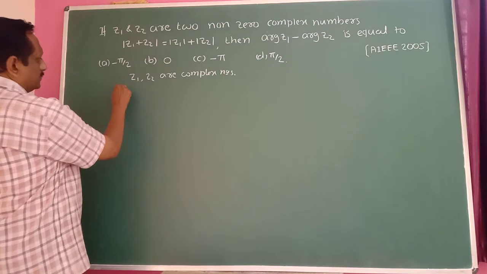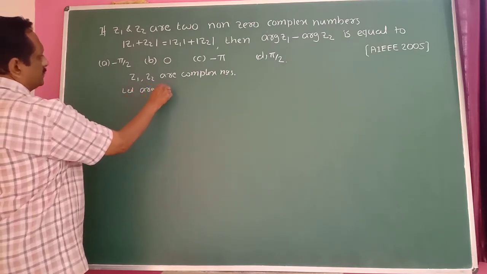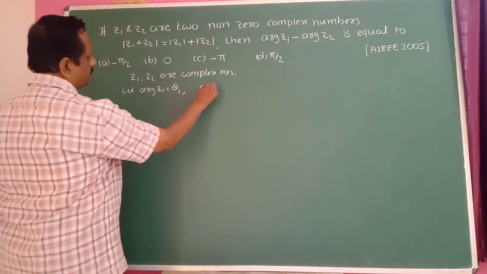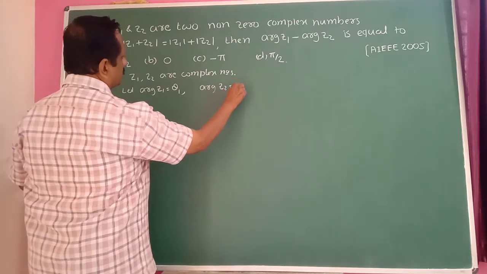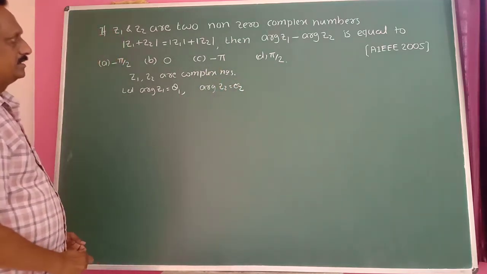So let us consider argument of z1 is equal to theta 1, and argument of z2 is equal to theta 2.